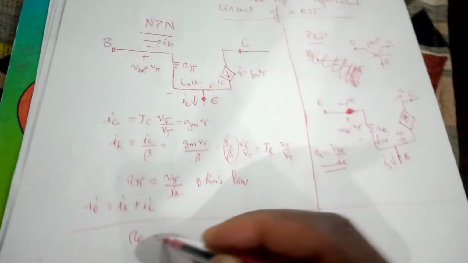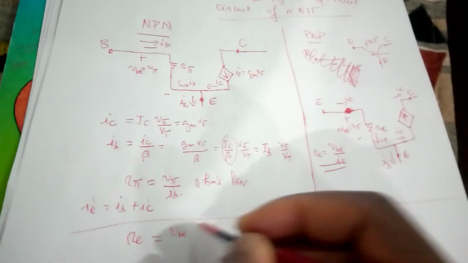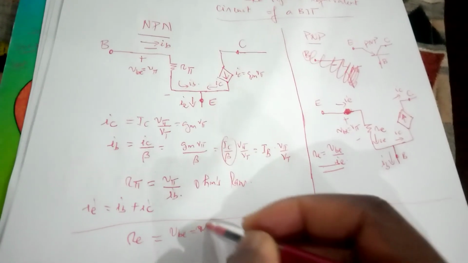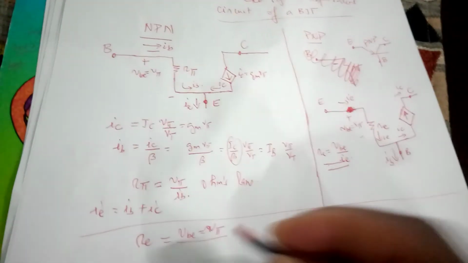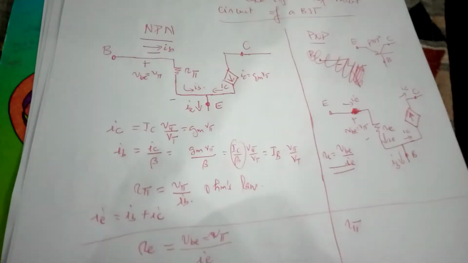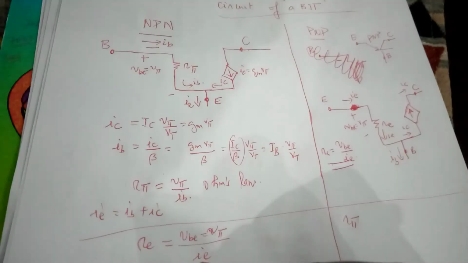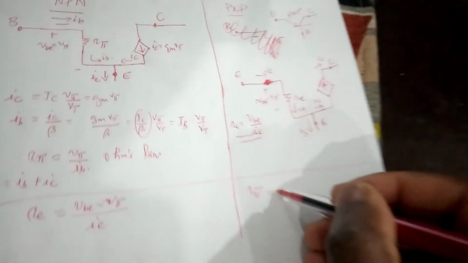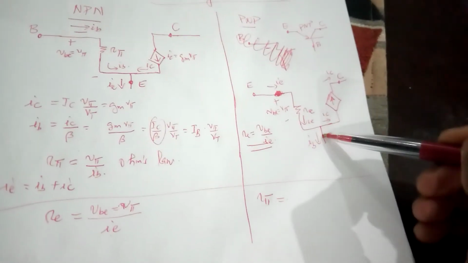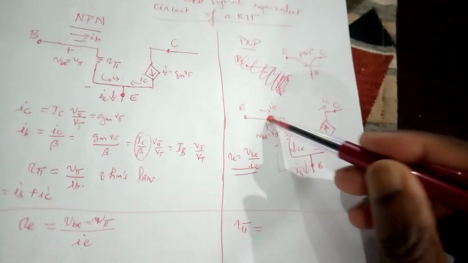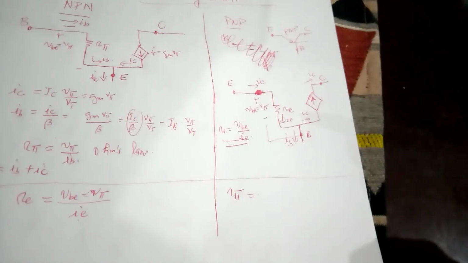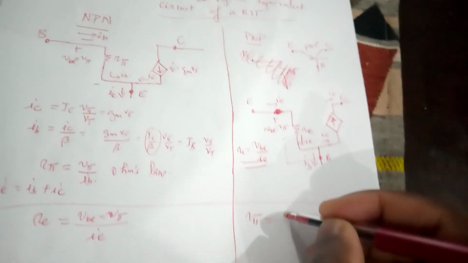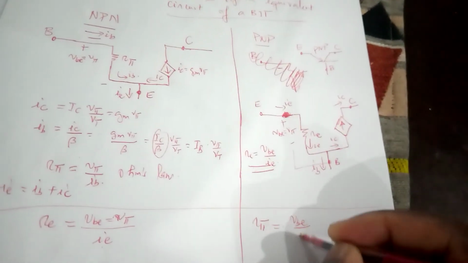That will be Re, which is still caused by the same voltage of Vpi, divided by a different current, which is IE. So Re is still V pi over IE. The same way, there's still R pi, which is the internal resistance that you would measure from base to the emitter, looking into the base of a PNP. And that is still caused by VBE and a different current, which is IB this time instead of IE.